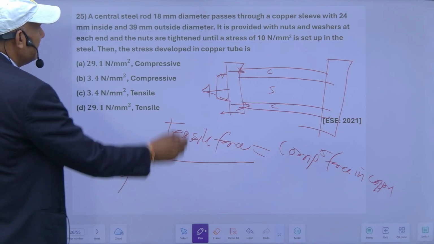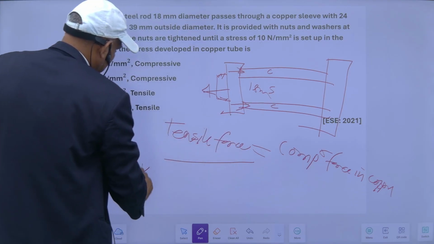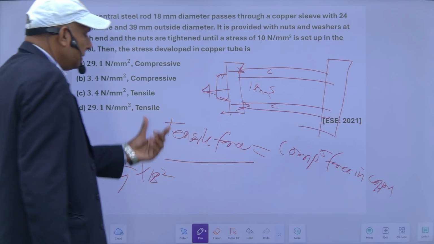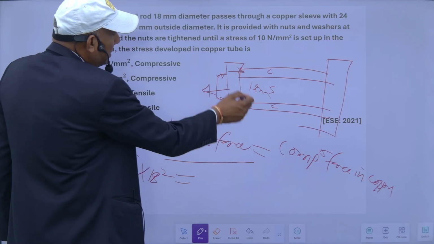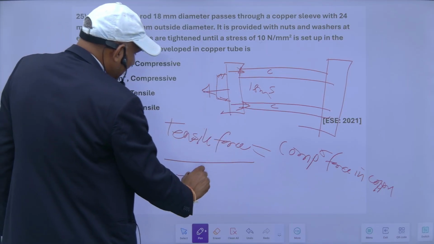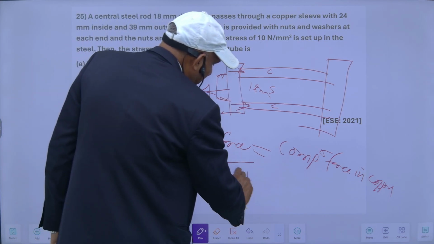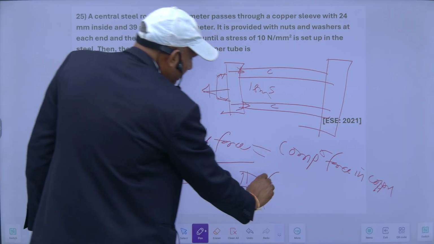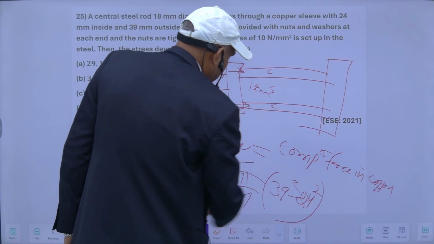Dia of steel is 18, so this is 18 squared. This area into stress is the tensile force in the steel, equal to this force. This force will be stress in copper into area of cross section of the copper, pi by 4 into its outer dia squared, 39, minus internal dia squared, 24 squared.